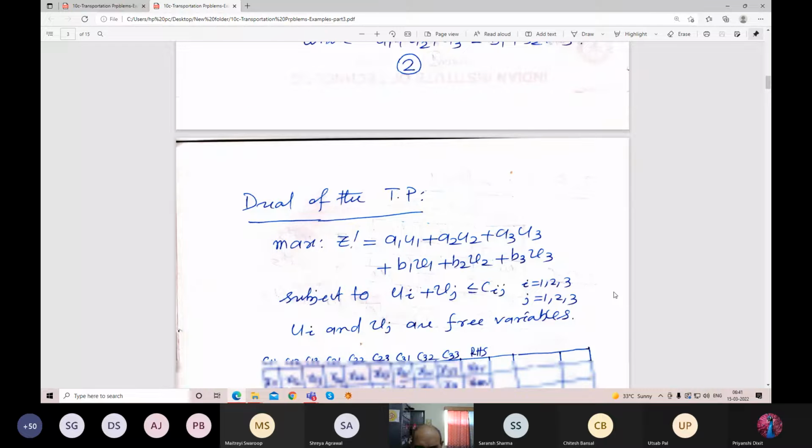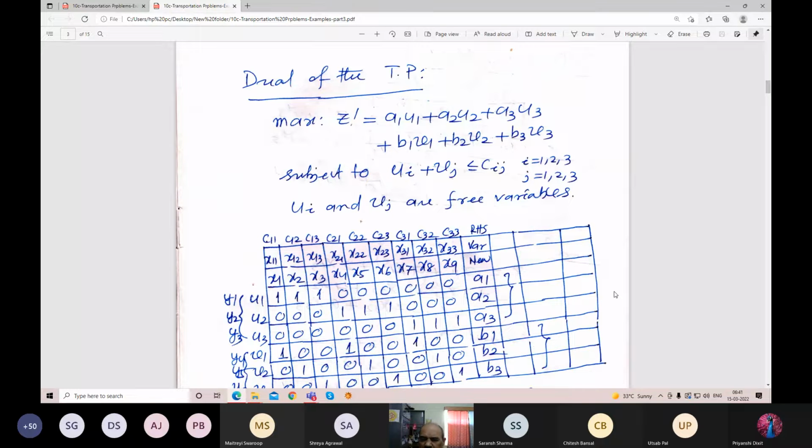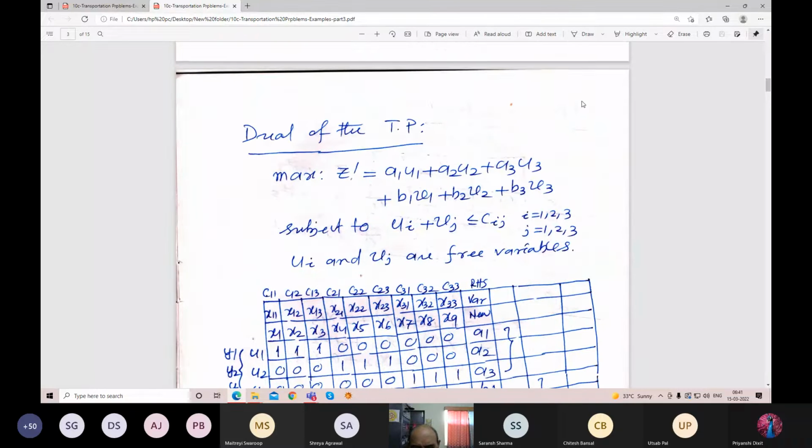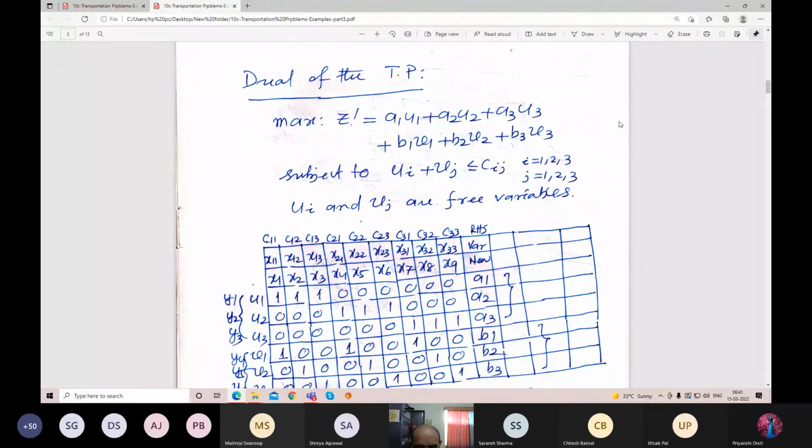See carefully now for this problem. If I am finding the dual problem, I am renaming x11, x12, x13, x21, x22, x23, x31, x32, x33. These 9 variables I'm naming in this manner: x1, x2, x3, x4, x5, x6, x7, x8, x9.